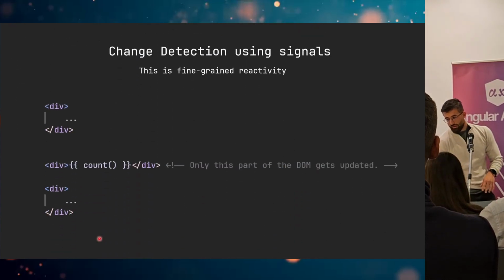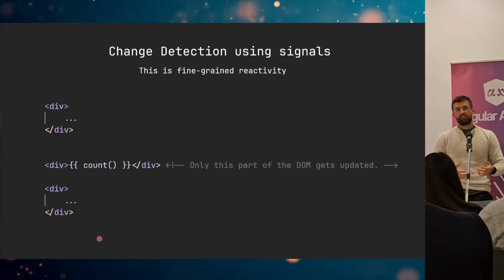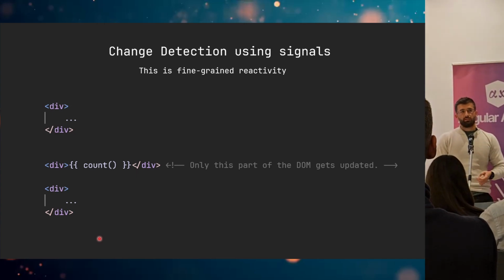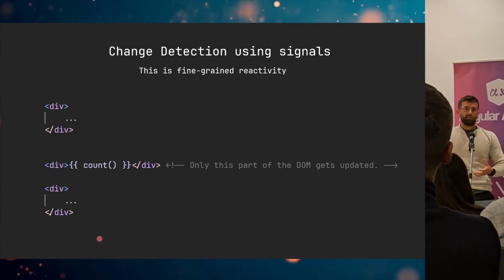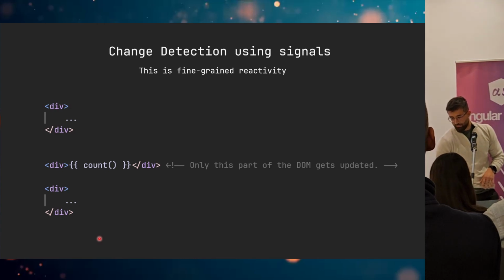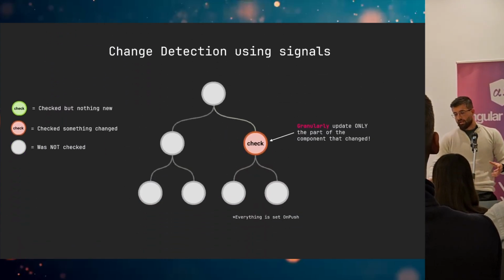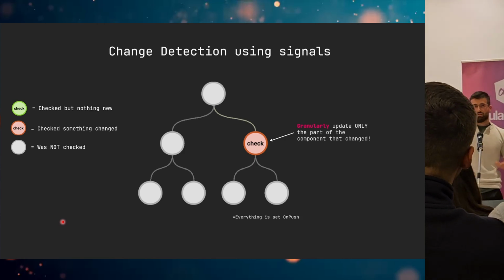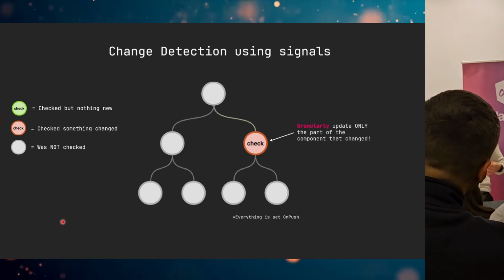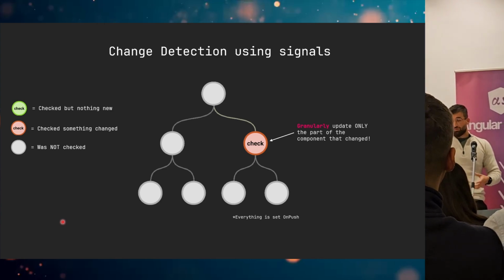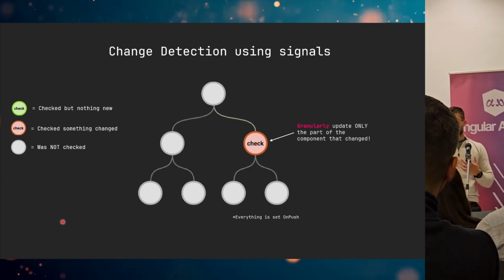So now with the integration of signals, Angular change detection becomes even more efficient, targeting updates with precision. Change detection is now scoped directly to the components affected by the changes, and this means that when a signal is changing, Angular is equipped to know the exact location of the UI that needs synchronization. And okay, still the change detection happens at the component level. However, Angular optimizes this process to update only the necessary parts of the DOM. So in other words, we granularly update the parts of the DOM that have changed, which of course can improve performance even more. However, it also opens the door for a zoneless future, because now Angular knows by itself what to update and when.